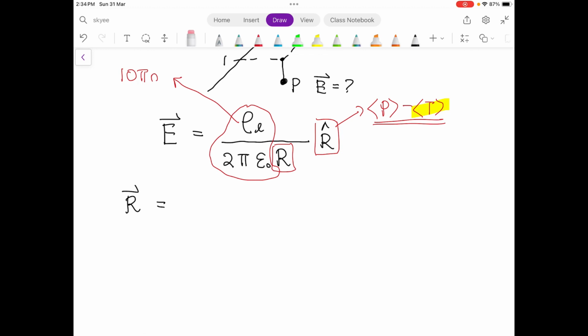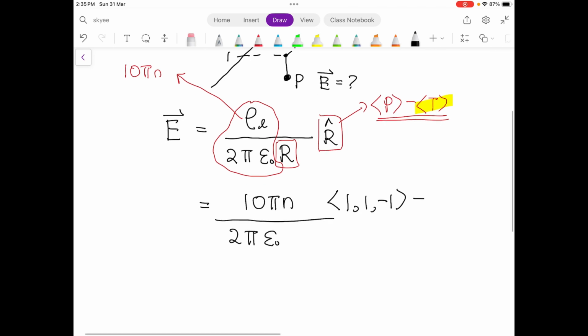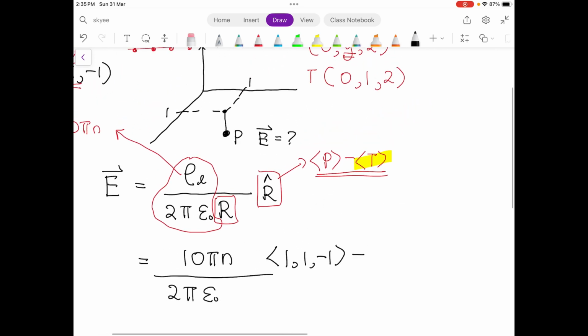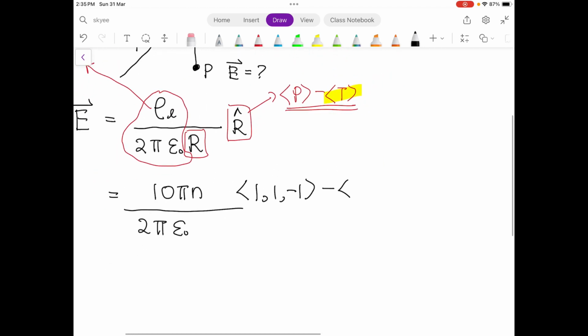Now you use it to find R. Here we do it straightforwardly. This is 10 pi nano over 2 pi epsilon naught. Then you can find R. The observation point is (1, 1, -1) minus (0, 1, 2).